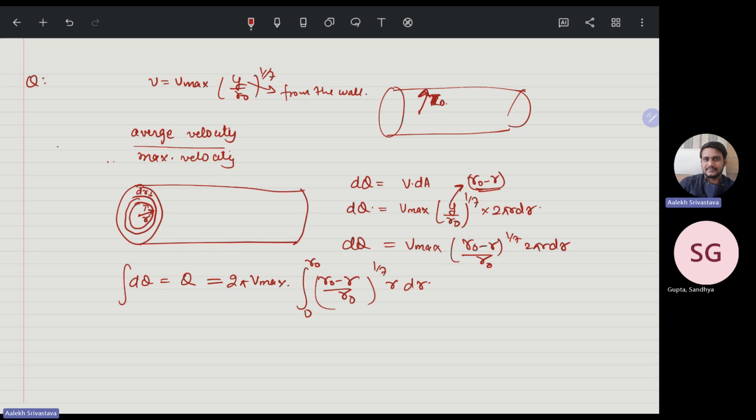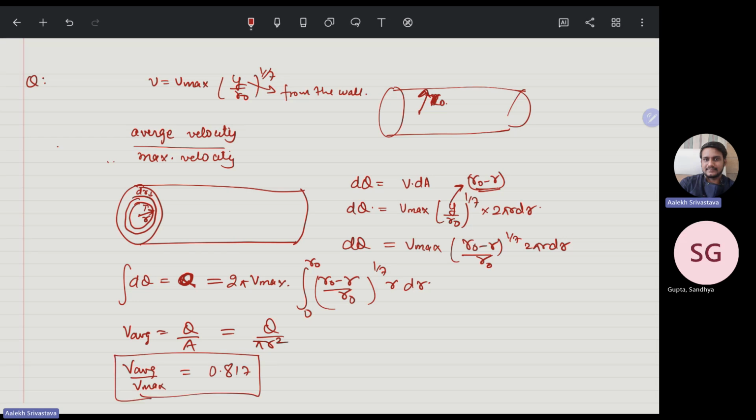So this is your total flow rate, and your average velocity is Q by the total area, pi r square. Therefore, if you solve, V average divided by V max comes out as 0.817.